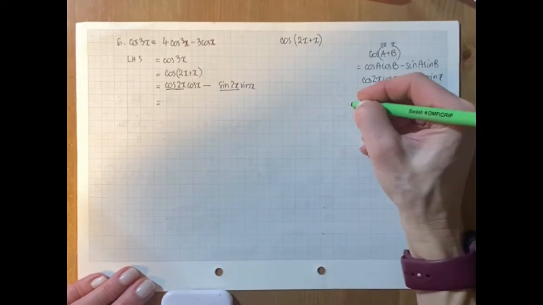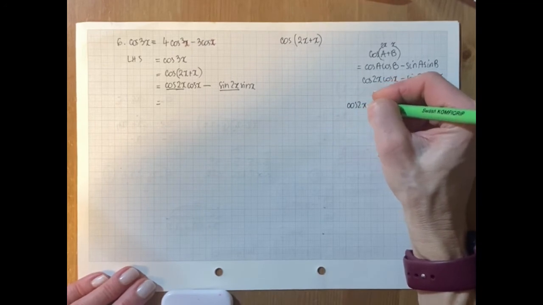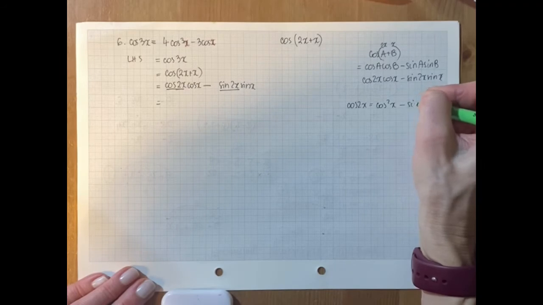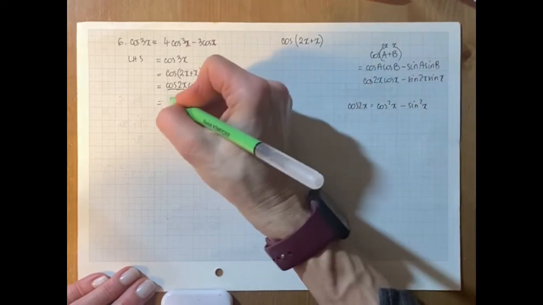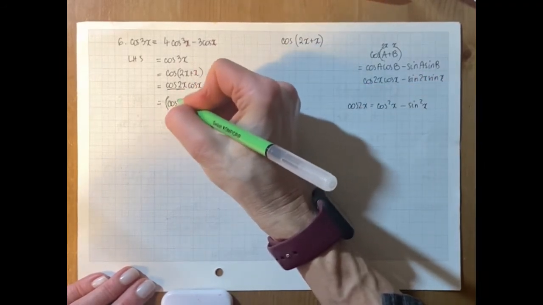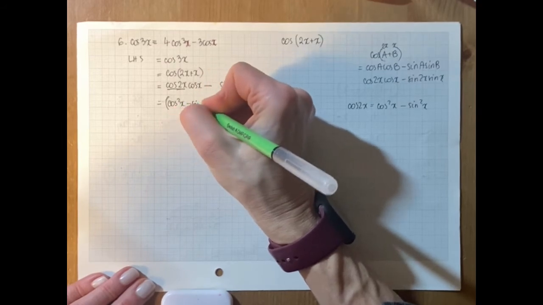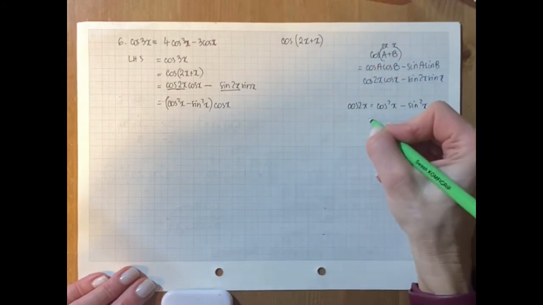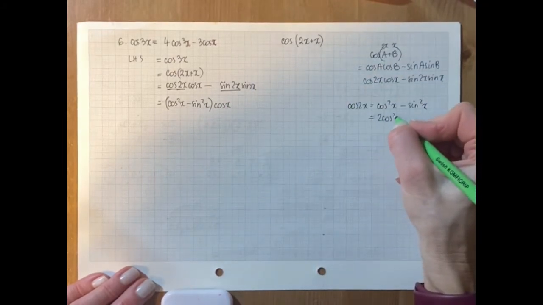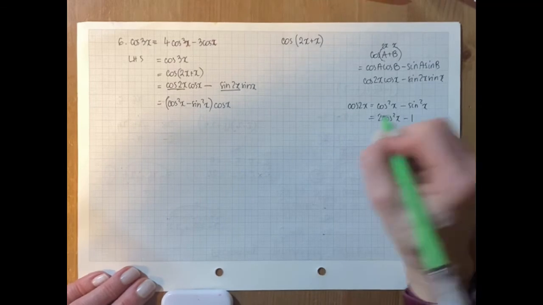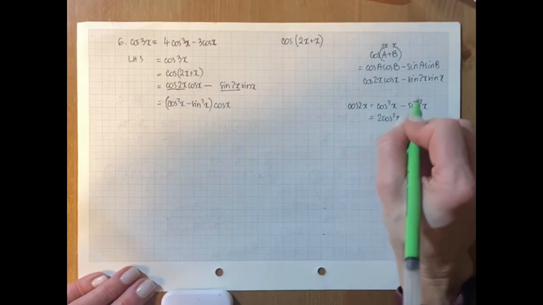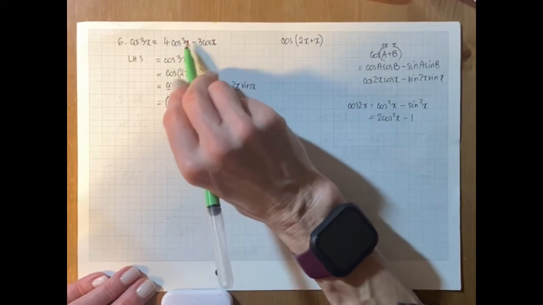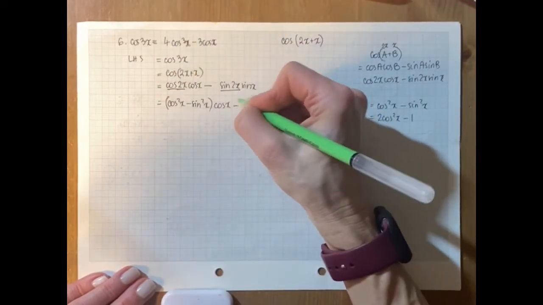Now cos 2x has 3 different guises. If you can only remember this one, just go for it. Let's use this one: cos squared x minus sine squared x. If you remember that it can be written as 2 cos squared x minus 1, and you are 100% certain that is correct, then do that replacement, because you are aiming to get an expression in terms of cosines, so that would work. But I'm happy with that.